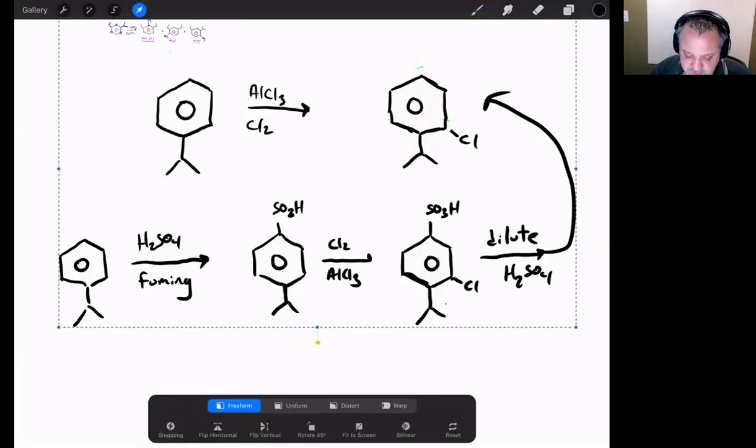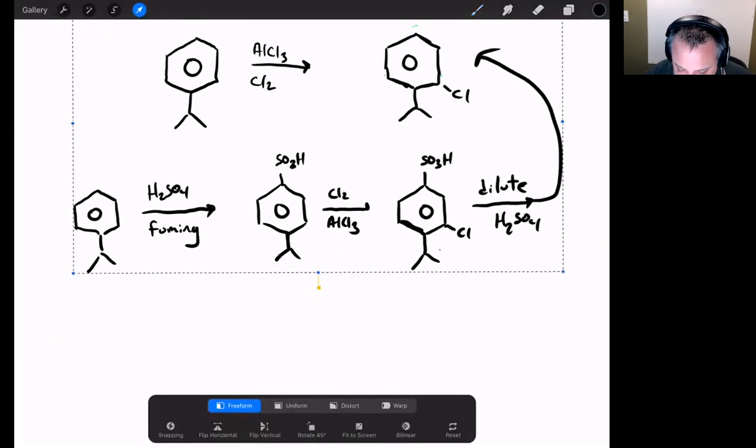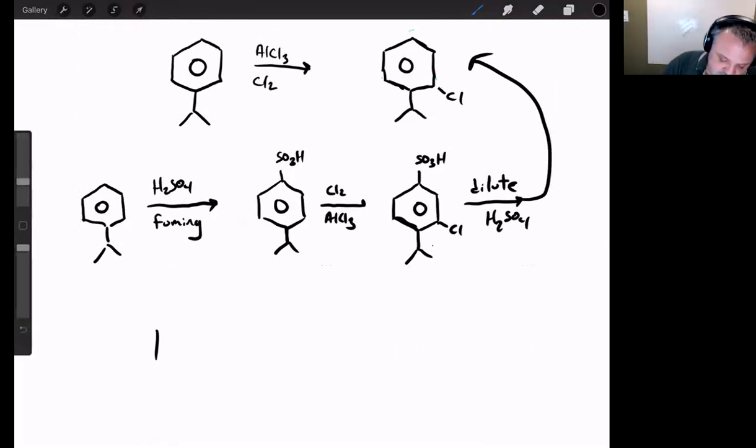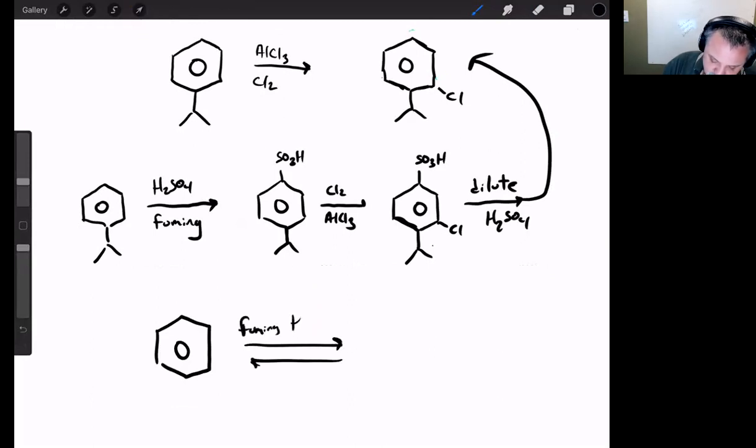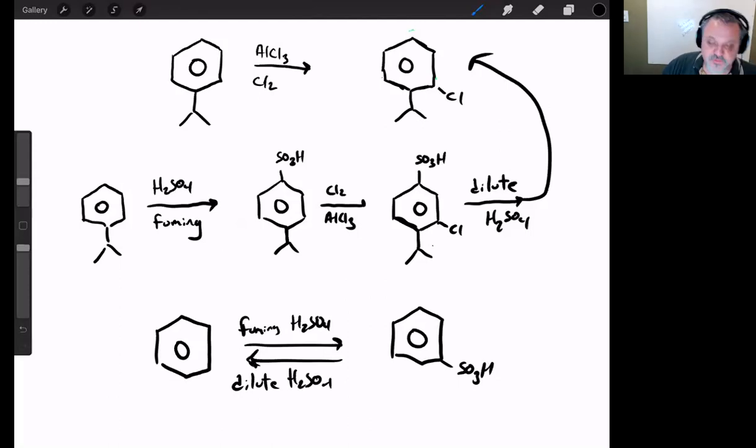And so what we're doing is taking advantage of the idea that this sulfonation actually exists in an equilibrium, where fuming H2SO4 installs the group, but dilute H2SO4 can remove the group.